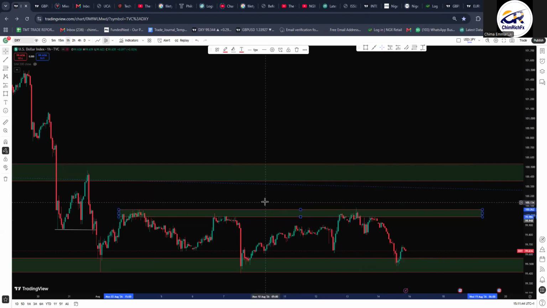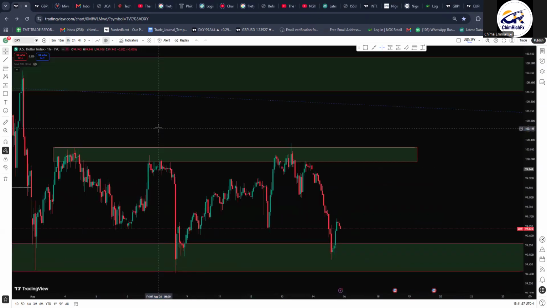So looking at the 1 hour time frame, you can see that price has already formed a resistance here, and we can see that there is a ranging market at this point. What do we expect?